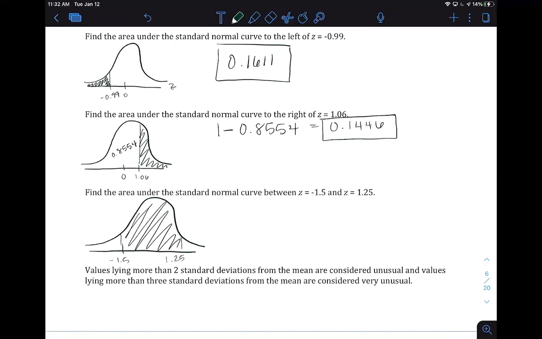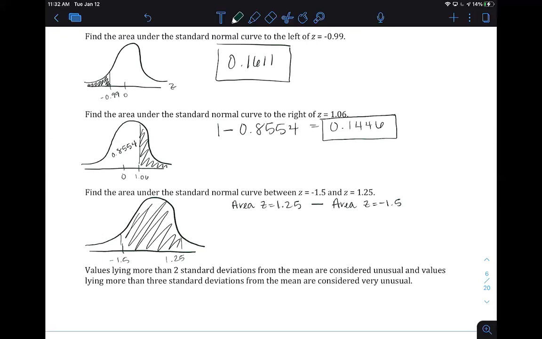And then you're going to find the area for both z-scores. Which one's going to give you the largest area? Just the larger number, the positive one. So we're going to do the area of z equals 1.25 minus the area of z equals negative 1.5.